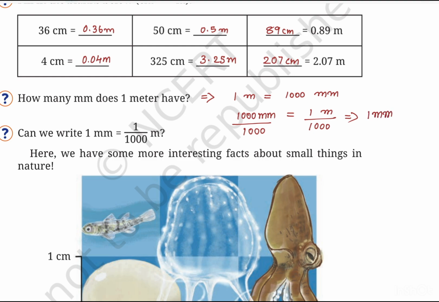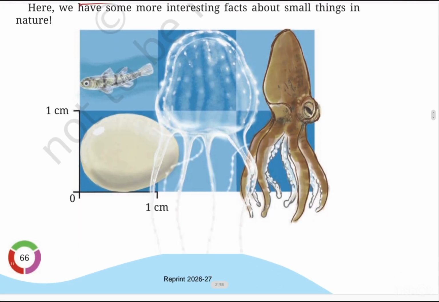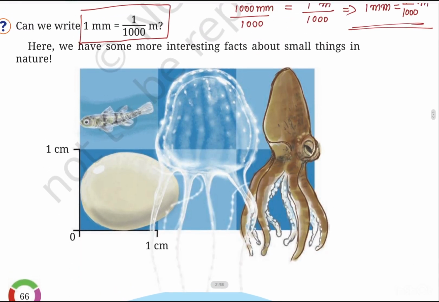So 1 millimeter is equal to 1 by 1000 meter. Here are some interesting facts about small things in nature.